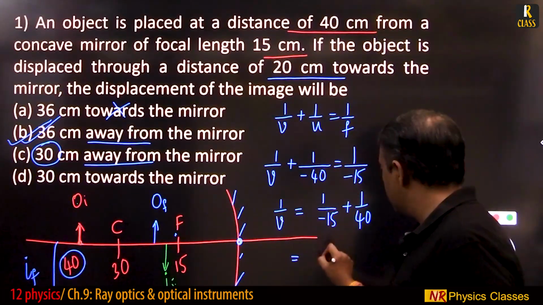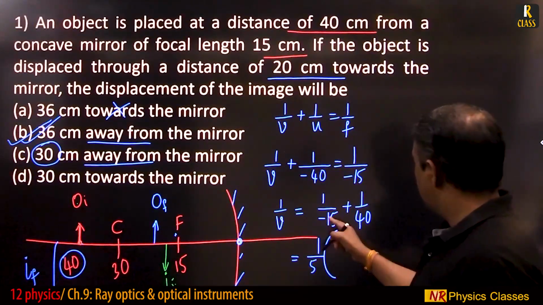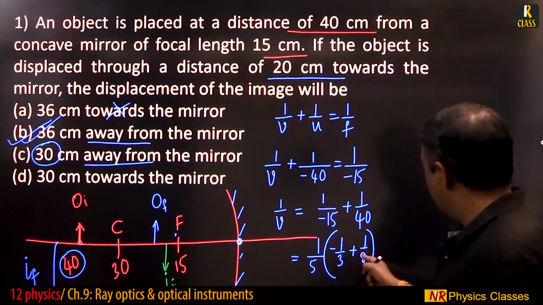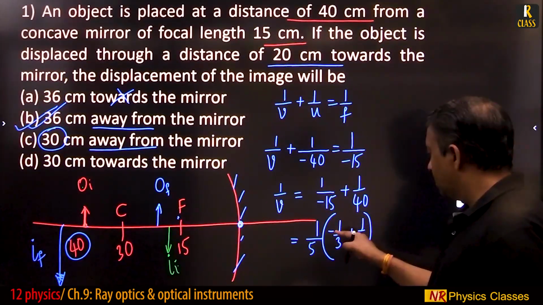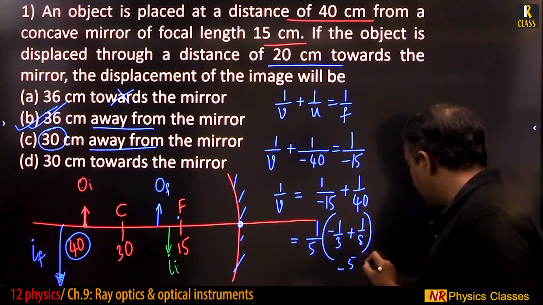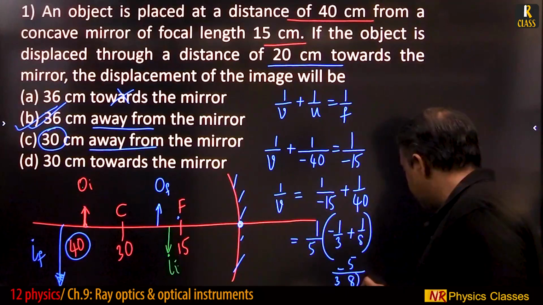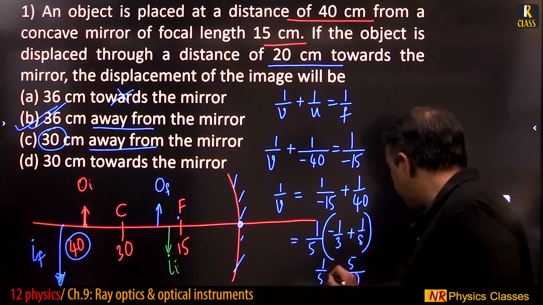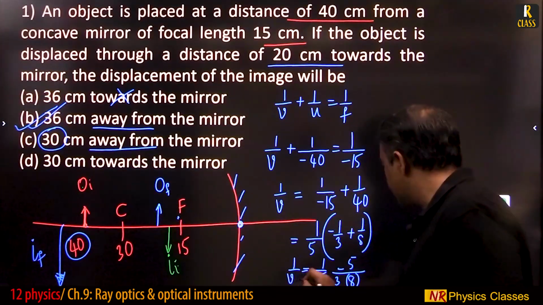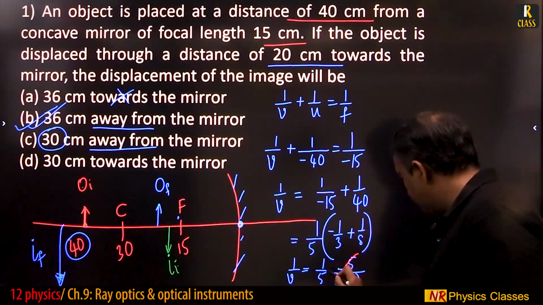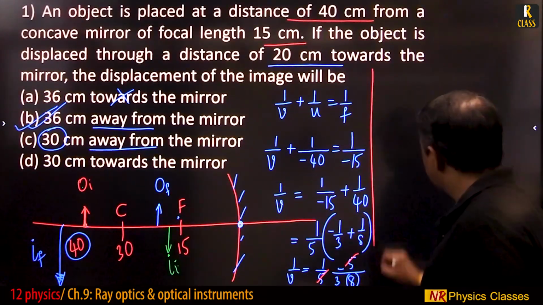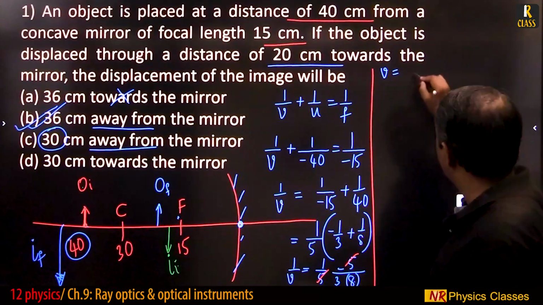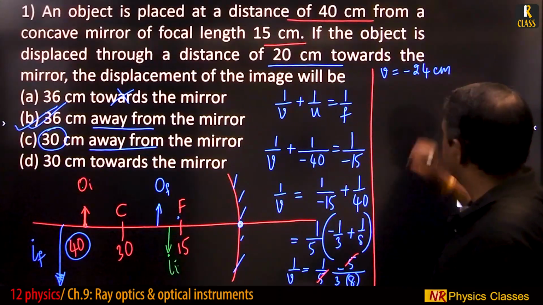Take 5 common: 1 by 5 into minus 1 by 3 plus 1 by 8, which is 3 minus 8 by 24, equals minus 5 by 24, so 1 by 5 into... 1 by v equals minus 1 by 24 after 5 cancels. So v equals minus 24 centimeter.